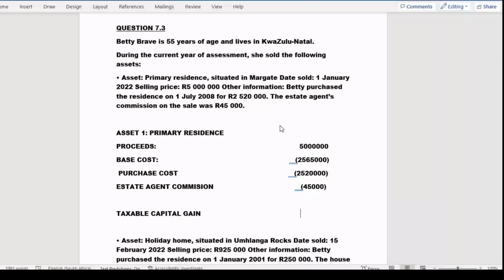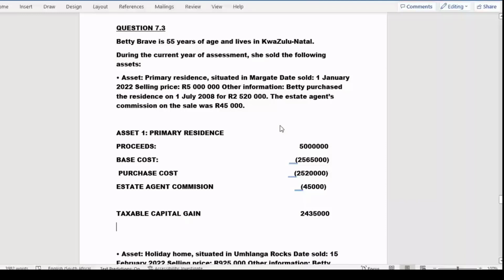Okay. Primary residence, what do we do? What do we do in the primary residence? The exclusions. Limited to how much? 2 million rands.